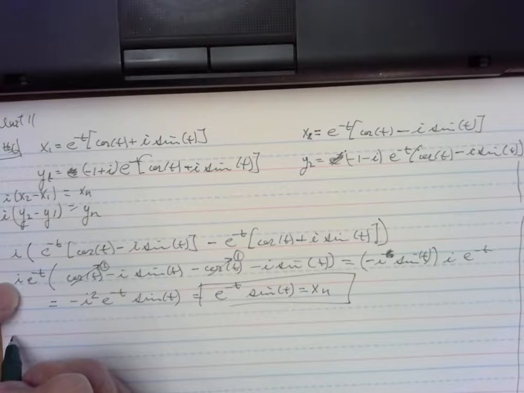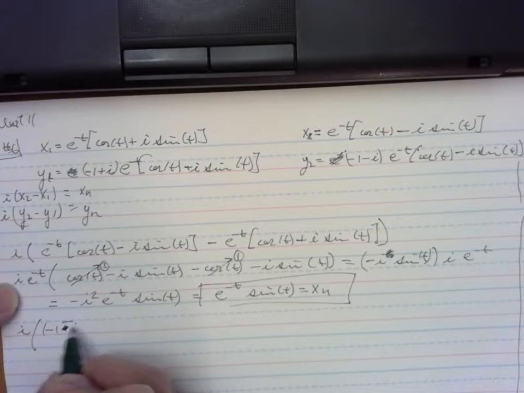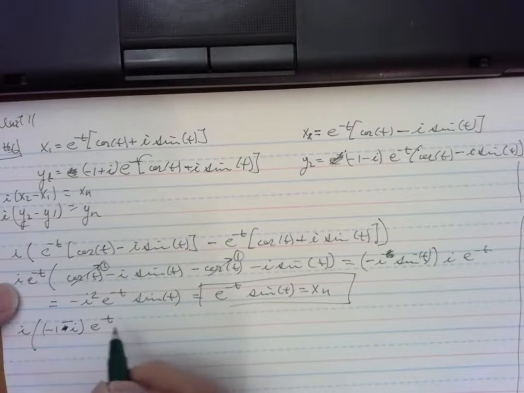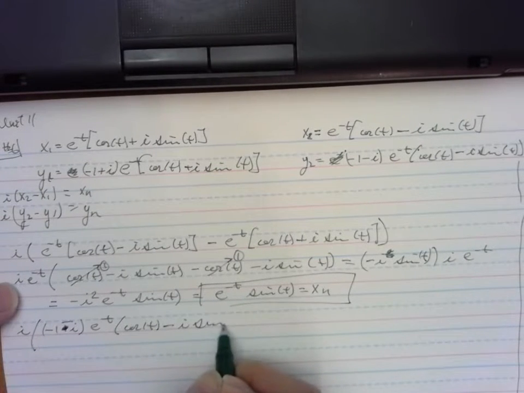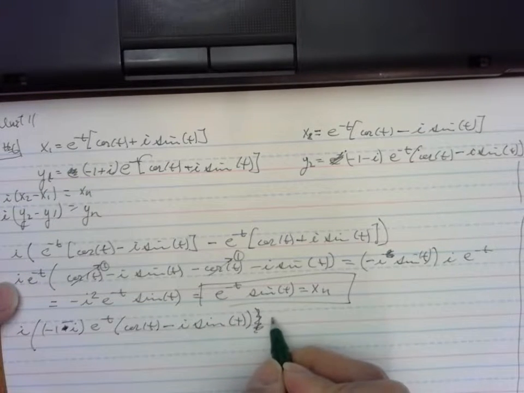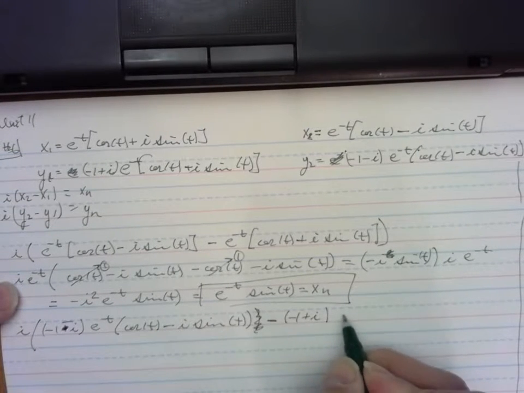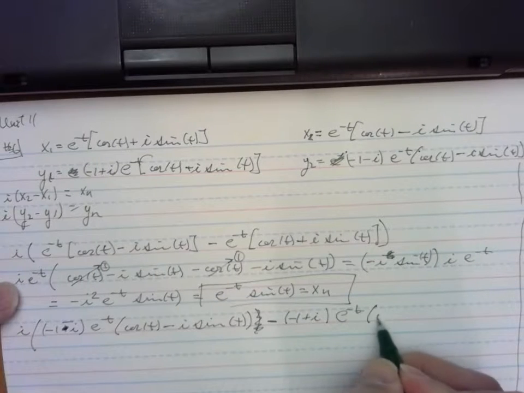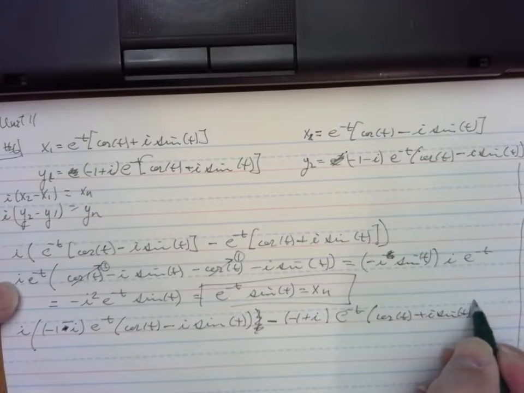And we do the same thing with the y. So I have i times my y, which I'm going to have my y2 as -1 minus i. Sorry, minus i times e to the minus t times cosine of t minus i sine of t. And I'm going to subtract off -1 plus i times e to the minus t times cosine of t plus i sine of t.